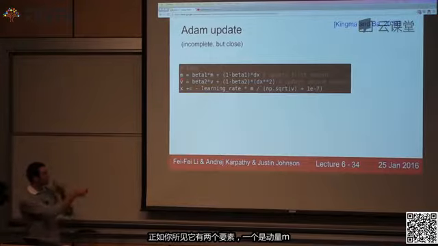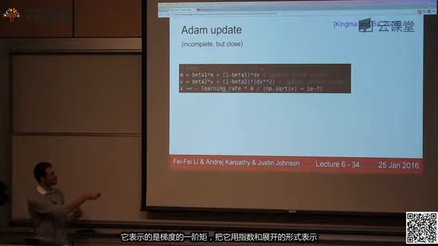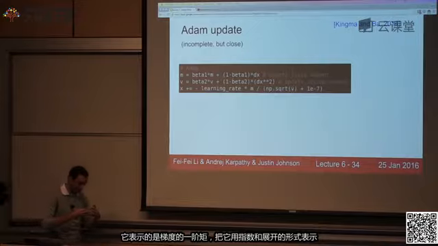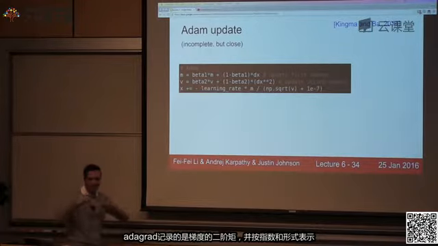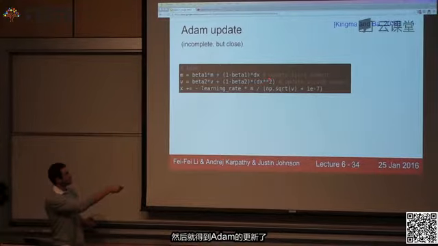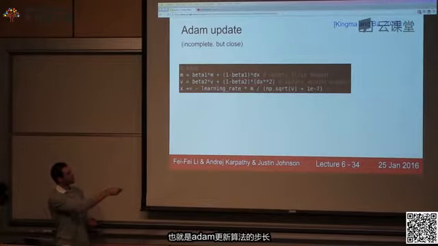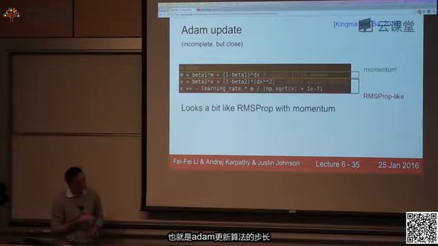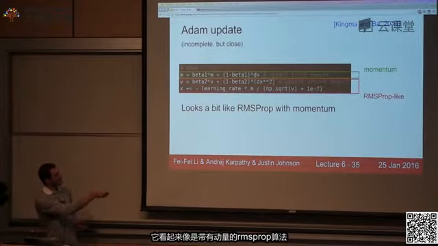As you'll notice, momentum is keeping track of the first moment of your gradient. It's summing up the raw gradients, and it's keeping this exponential sum. And Adagrad and so on are keeping track of the second moment of the gradient and its exponential sum. What you end up with in an Adam update is a step that's kind of like RMSProp with momentum a bit.